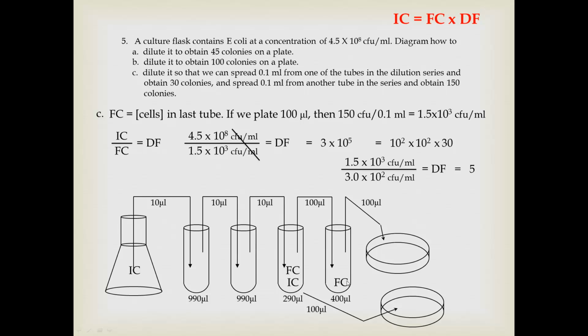This becomes the IC and the FC to figure that out. 100 microliters into 400 microliters is a 1 to 5 dilution. Of course, there are lots of ways to do that too: 200 microliters into 800 microliters, 1 mil into 4 mils, whatever you like. And then when you plate 100 microliters, you should get 30 colonies.